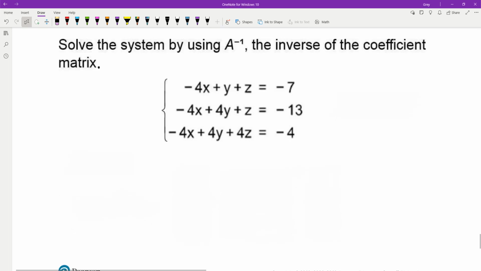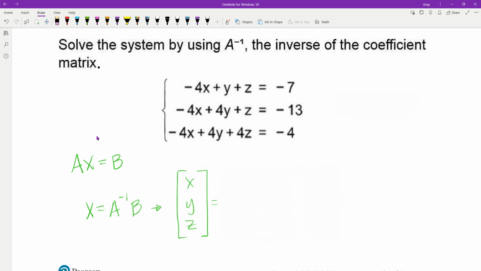But remember what we just talked about, AX equals B, and X equals A inverse B. So when you use class calc, you're going to put the A matrix in there, okay? Now you think about our variable matrix, which is X, Y, Z.